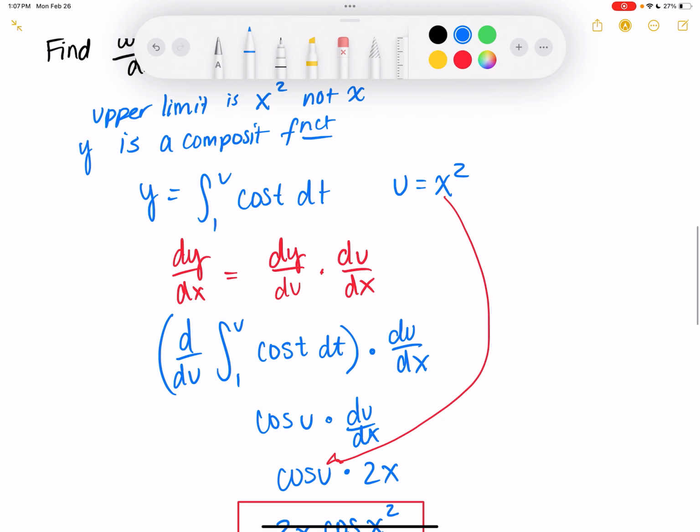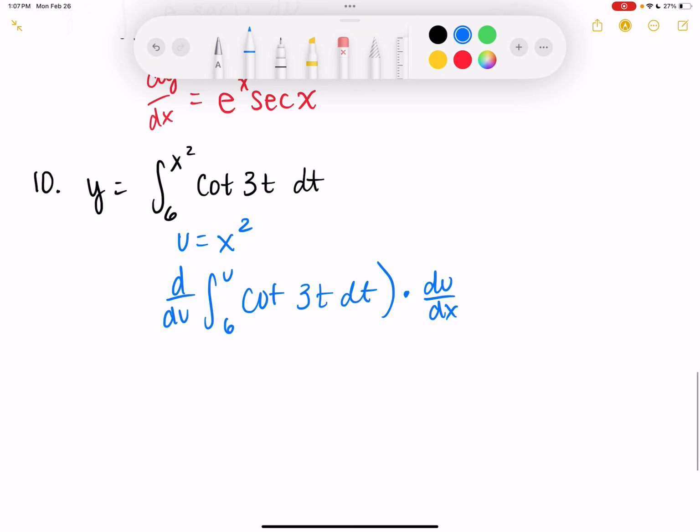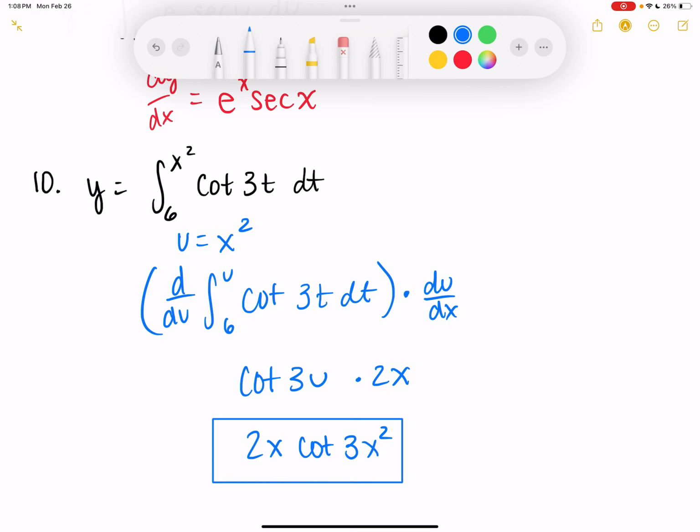Yeah, and I need to put parentheses around this just so that there's not confusion. So what is the part in parentheses equal to? Cotangent 3u. Cotangent of 3u. And what is du dx? We can go ahead and do this all in one step. 2x. So then I've got to make sure I plug u back in here for the u in the cotangent part. So this is going to be 2x cotangent of 3x squared. That's dy dx.